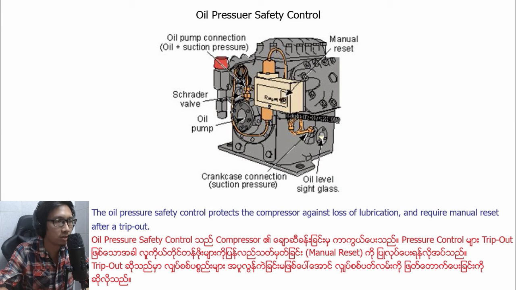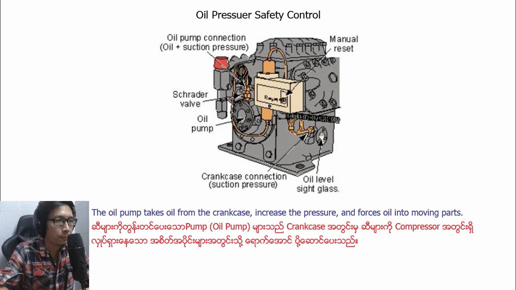The oil pressure safety control protects the compressor against loss of lubrication and requires manual reset after a trip out. The oil pump takes oil from the crankcase, increases the pressure and forces oil into the moving parts.